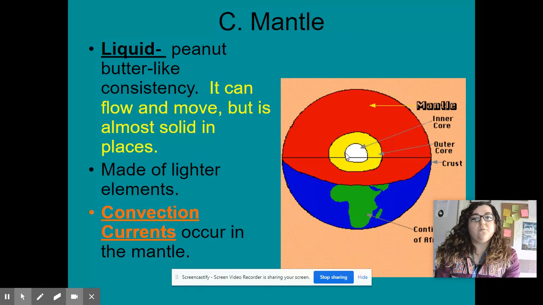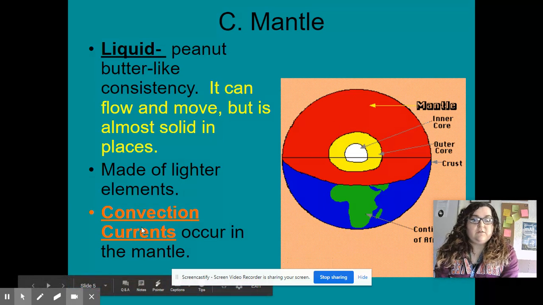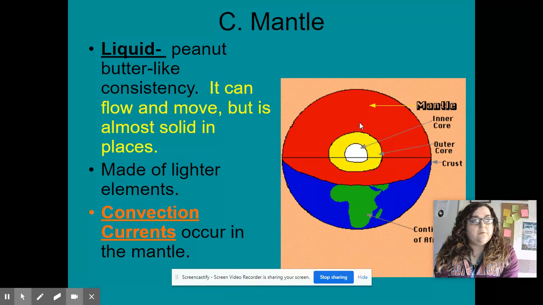And it's made of more lighter elements than the inner and outer core. And again, it has convection currents. So we have the heat radiating off of the core, and that's going to make this material rise because it's hot. And as it's rising, it's going to cool down. Once it cools down, it falls. And this process makes a current, which is what we call the convection currents.